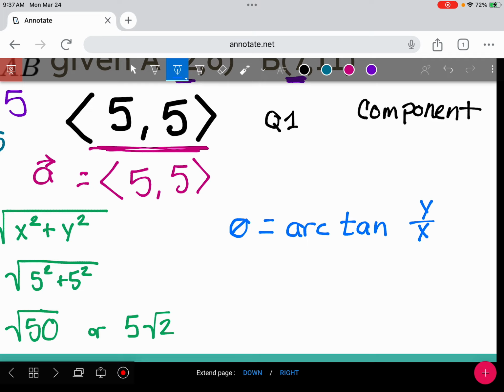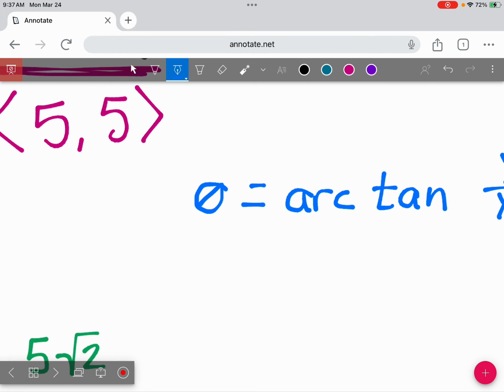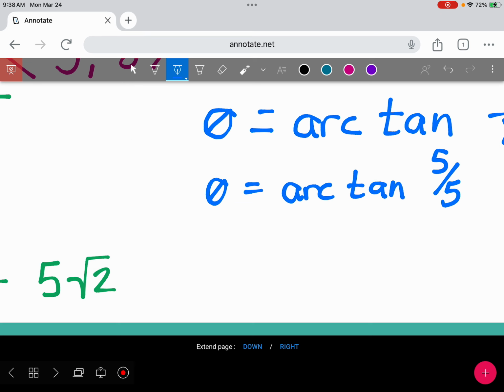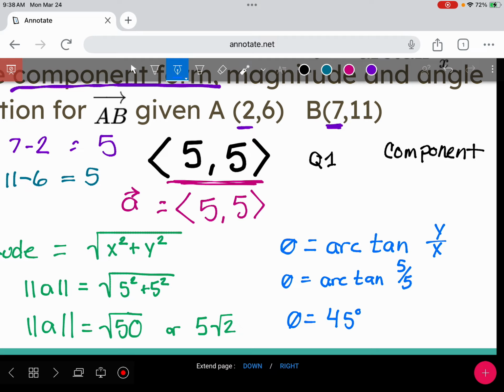So for this one, our theta is arctangent of 5 over 5, or arctangent of 1. So what is our angle on this point? 45 degrees. Or pi over 4 if you're going radians.